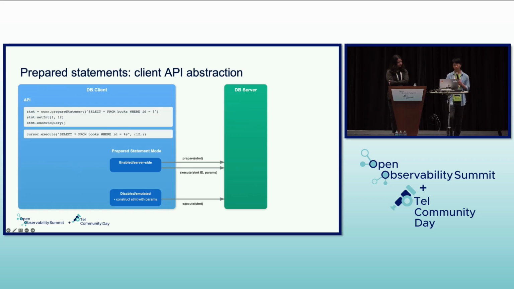But if the client is in emulation mode, or if the database server does not support prepared statements, essentially the client will construct the final statement and interpolate in all the parameters, and then send it as a non-prepared statement to the server, which in this emulation mode bodes well for the ability to propagate the correct trace context. But wait, there's a tiny bit more.